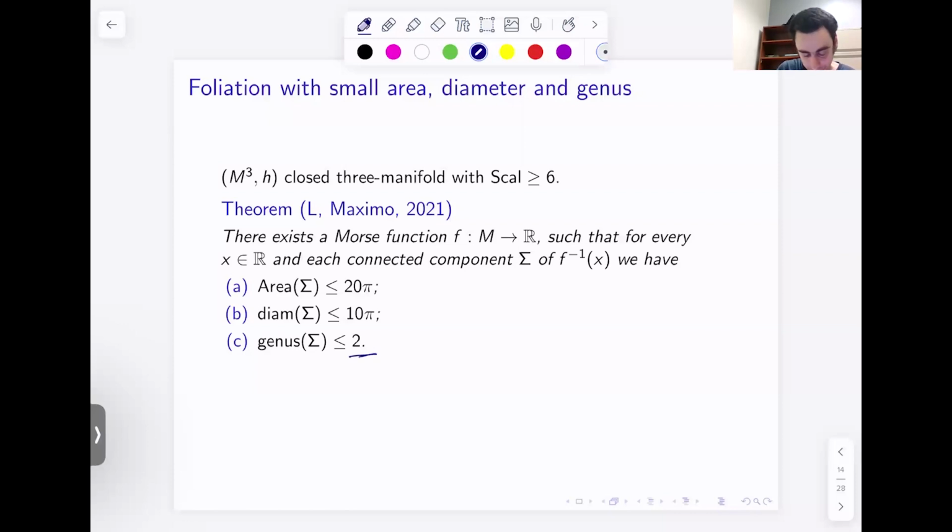So genus is in some sense sharp here, because this is Heegaard genus of some positive scalar curvature 3-manifolds, namely spherical space forms, which are not lens spaces. So if you try to foliate this manifold, this is really what you expect to get. But the diameter and area bounds are not sharp. It's possible to get sharp area bounds if you forget about the diameter, but it seems tricky to get them both at the same time.